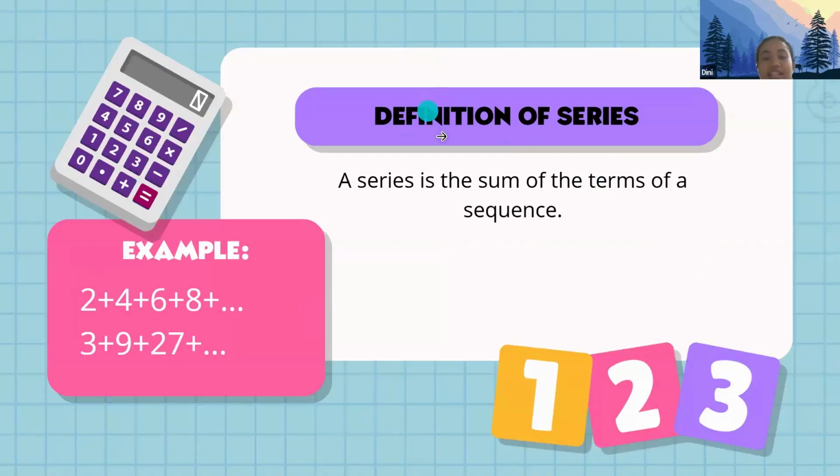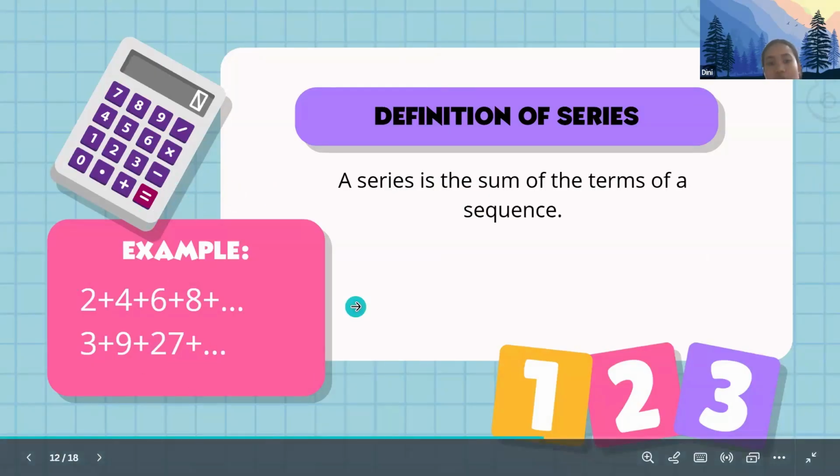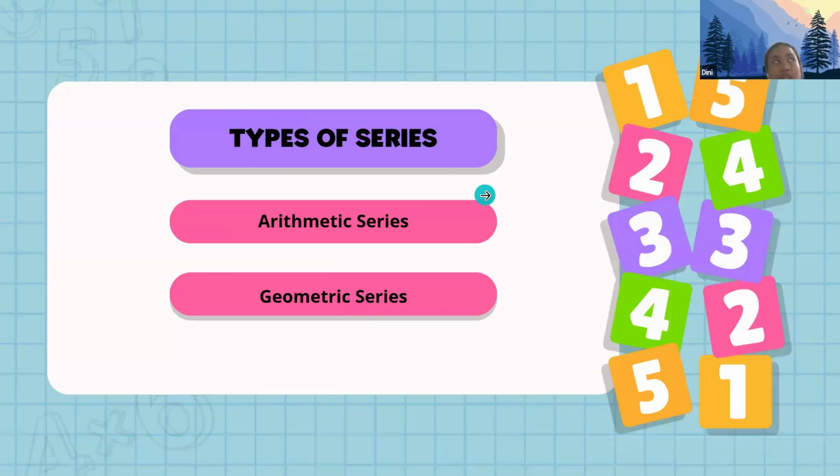The series. Okay, first, the definition of a series. A series is the sum of the terms of a sequence. For example, you can see that. Next, same as with sequences, series have two types too: first, arithmetic series, and second, geometric series.